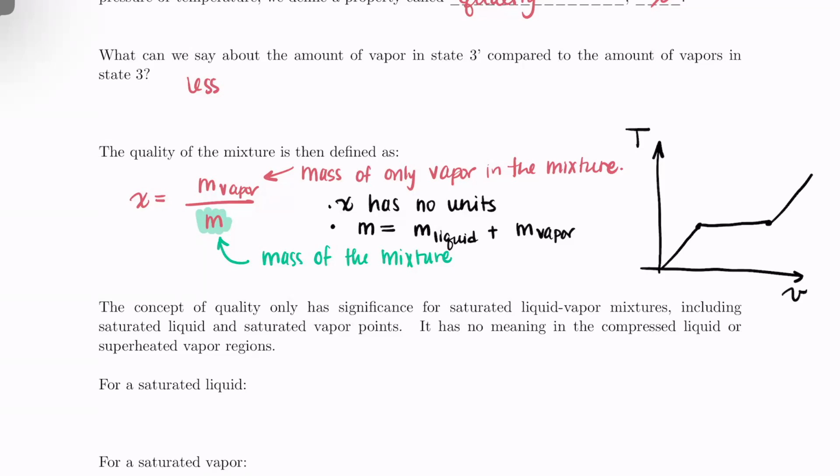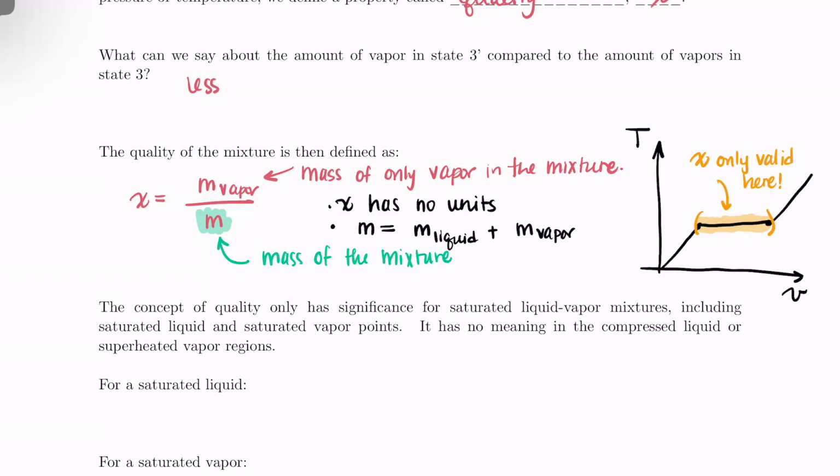So X is only valid in this region, including these two points.